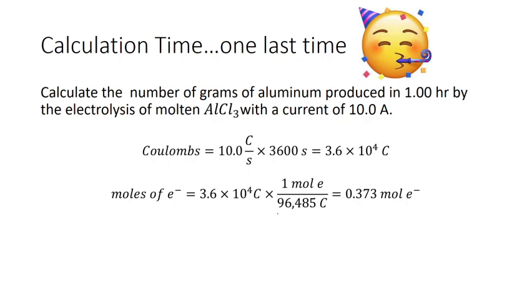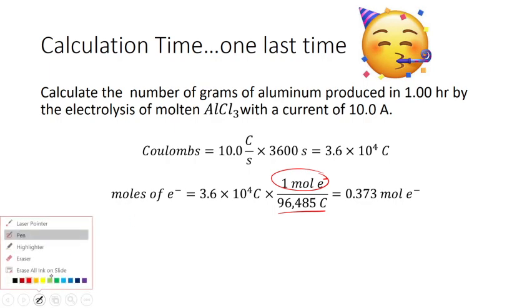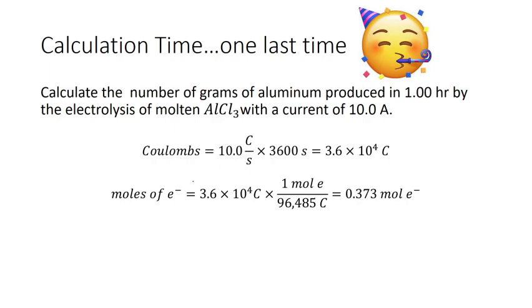We use Faraday's constant because if you remember back, I said explicitly that the 1 mole is a mole of electrons, so if we're interested in the number of moles of electrons moved here, we can multiply the coulombs times the inverse of Faraday's constant here, right? 1 mole of electrons over 96,485 coulombs. And we find out that 0.373 moles of electrons have been moved during this time with that amperage.